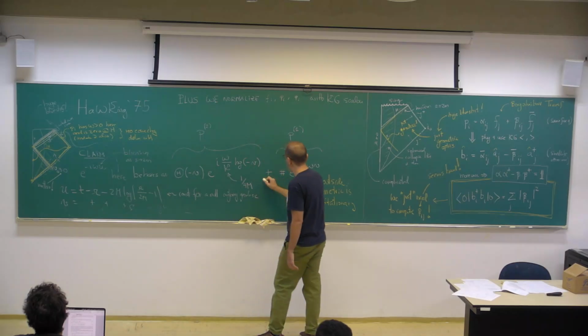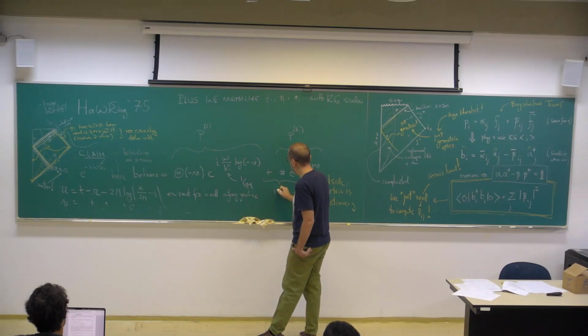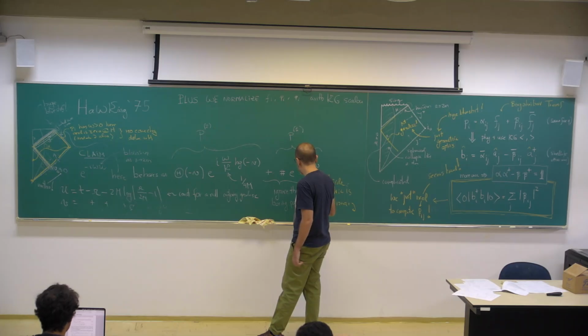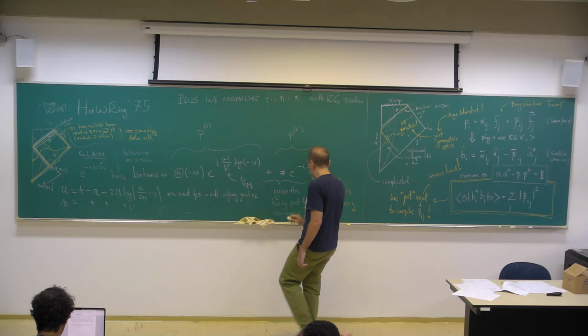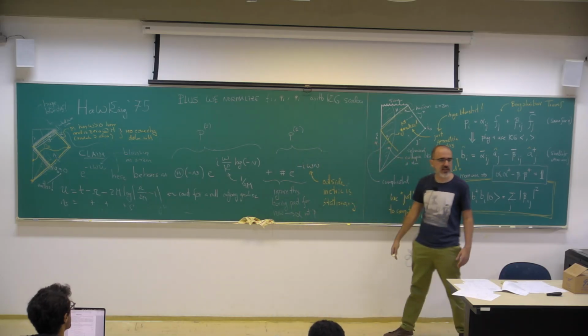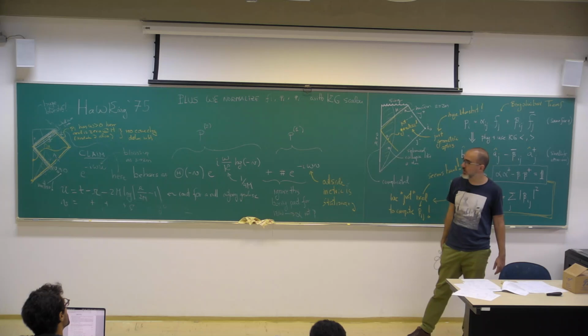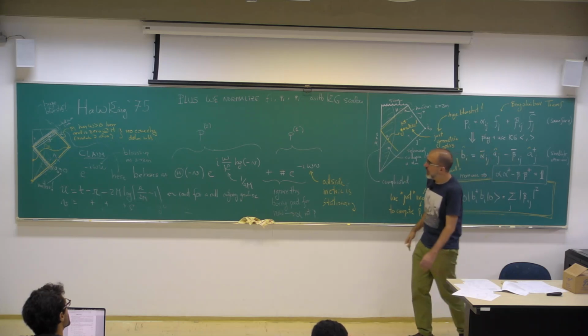So let's ignore this for now, because this part is about alpha, not beta. This doesn't change creation and annihilation. So for now we'll ignore it and we care about beta.